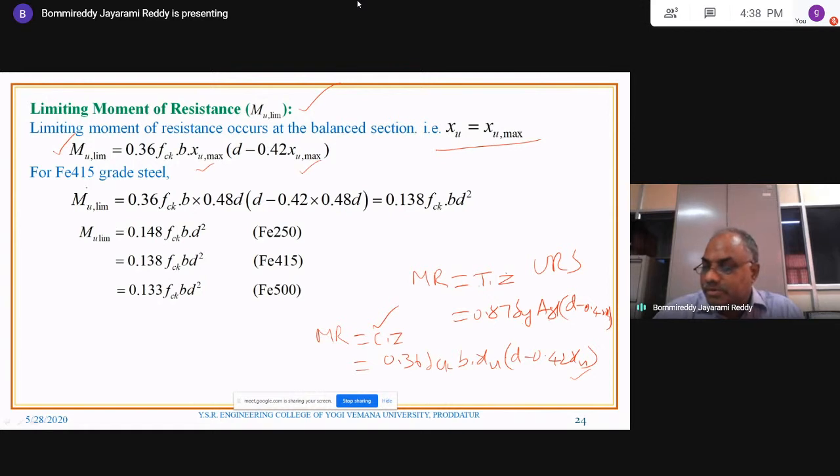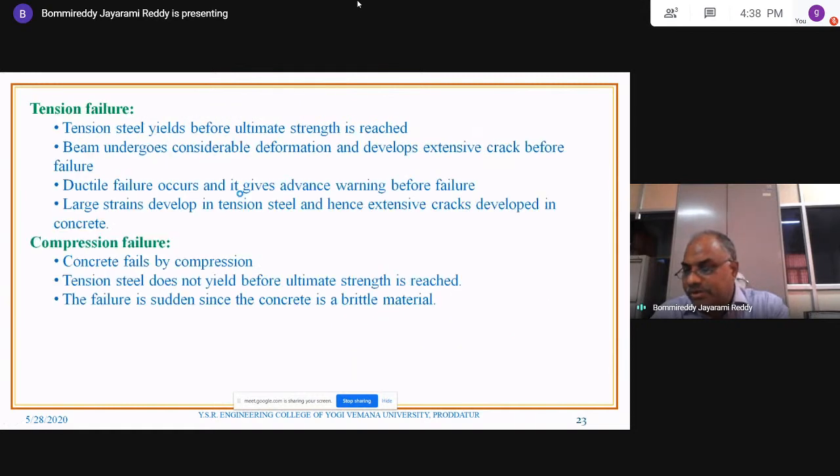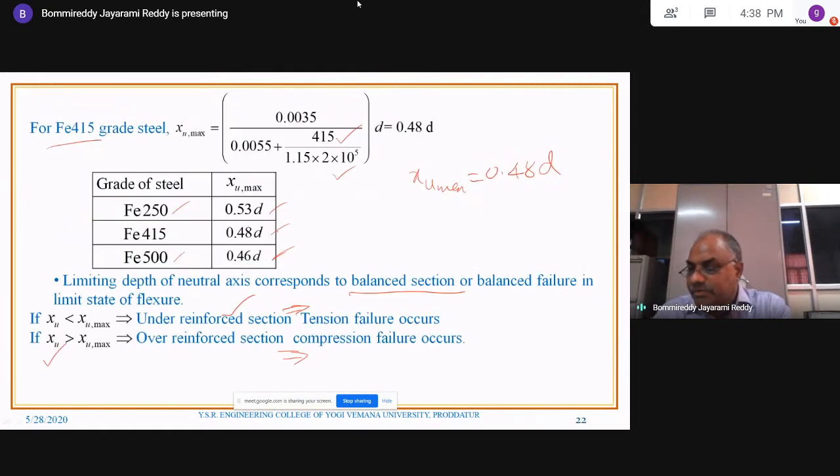What is xu,max for Fe 415 grade steel? Already we have seen it: 0.48d.